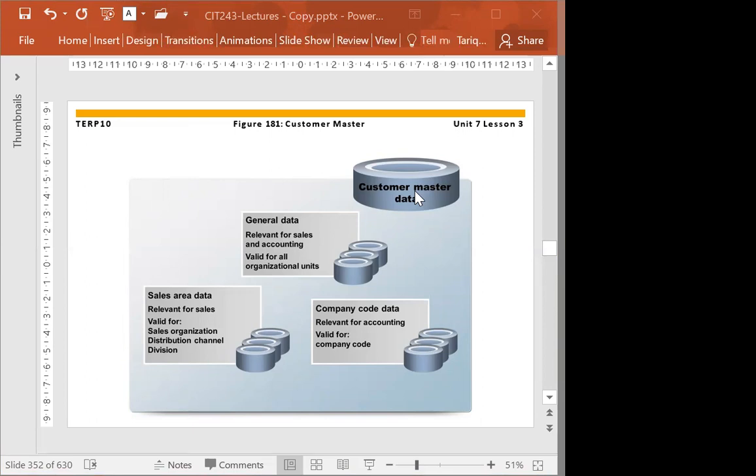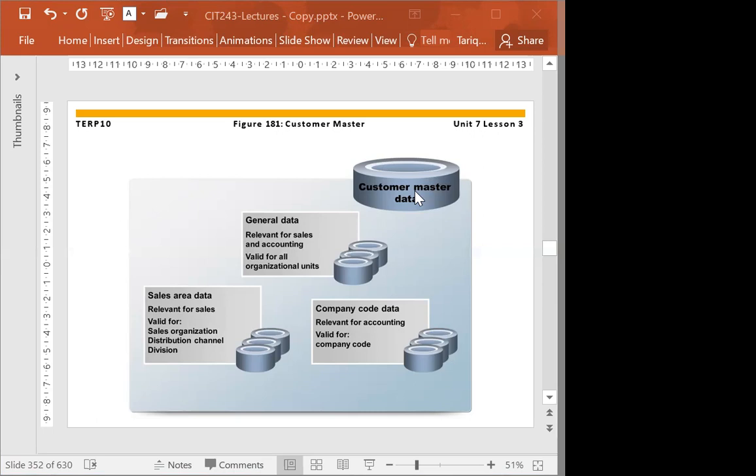The first is general data. Then we enter some information in the sales area data. Then we enter some information about that customer in company code data, that is financial data. So every customer has three types of data in the SAP system.